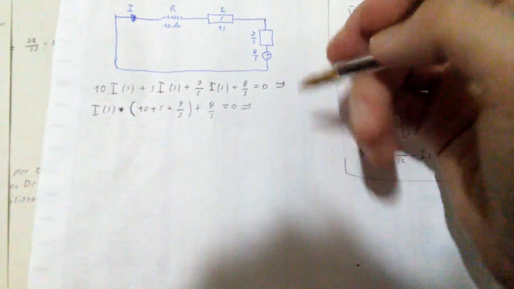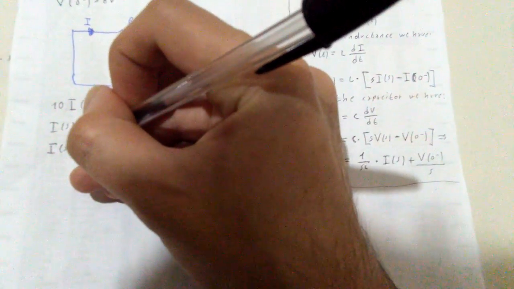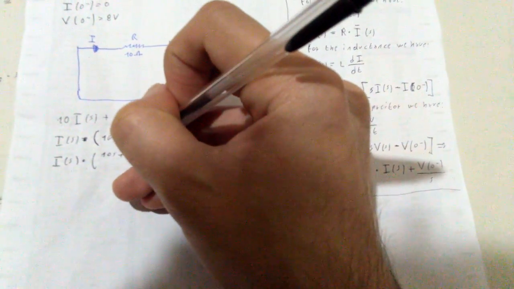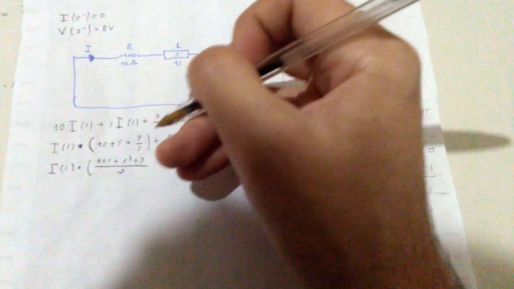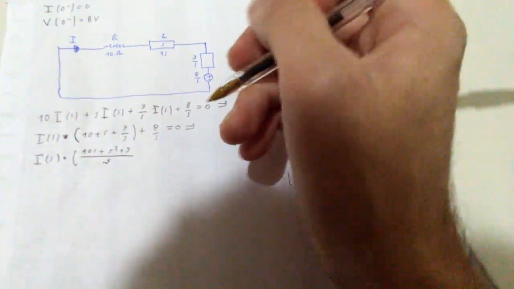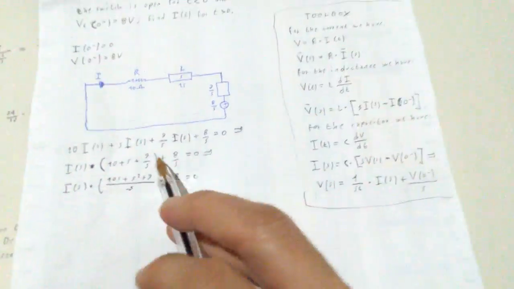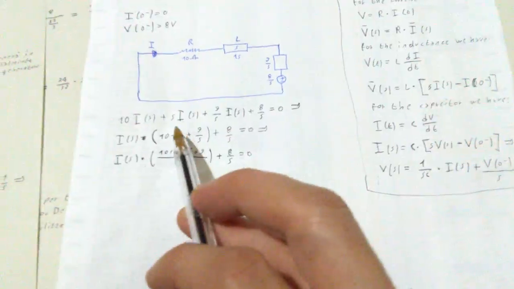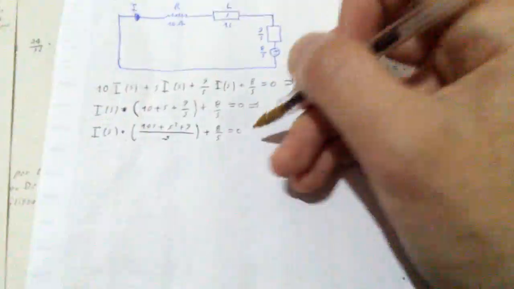So let's go on. Is times 10s plus s squared plus 9 over s, plus 8 over s equal to 0. I basically got rid of the fraction because I had an s here, so I multiplied the other two terms by s.